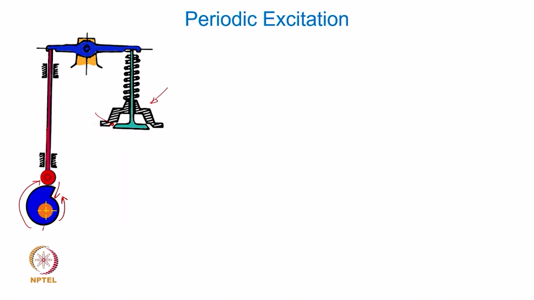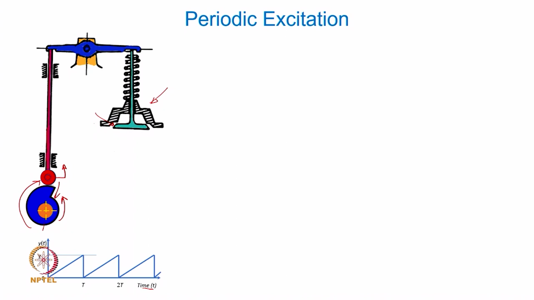So, this is typically the requirement from this cam and follower mechanism. Supposing the cam profile is what you see here, what would be the base excitation to this follower system? That base excitation can be easily approximated by this kind of variation of the base motion with time.